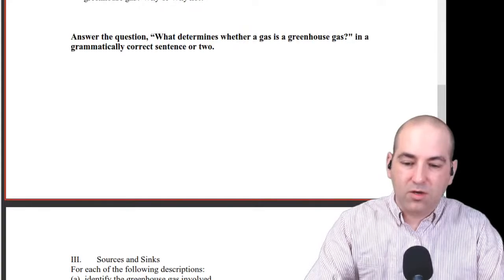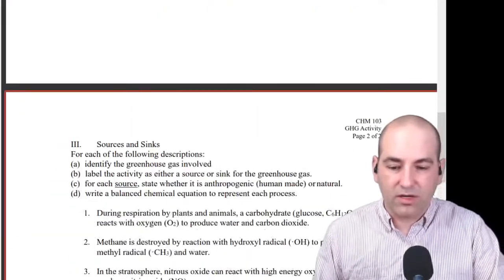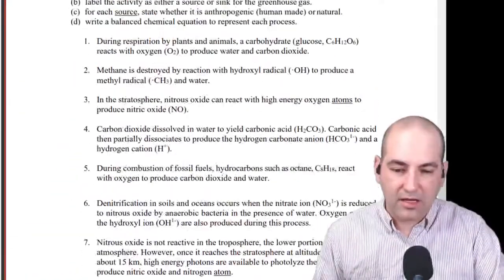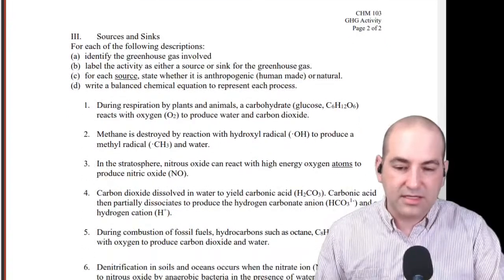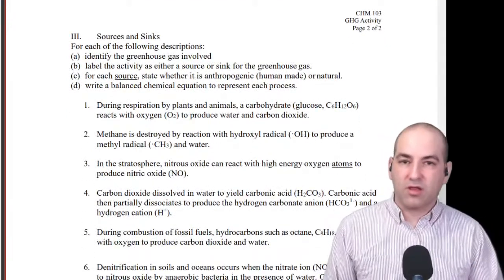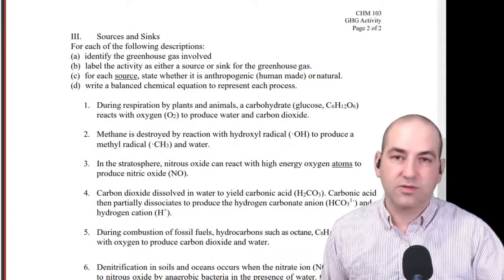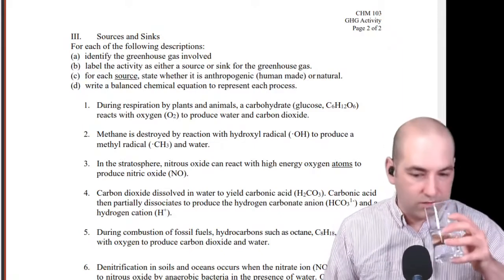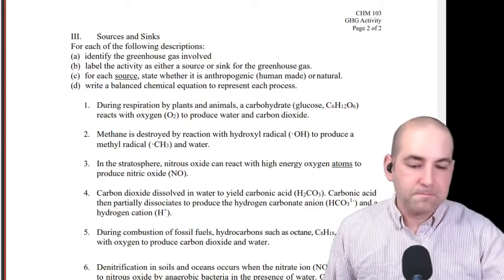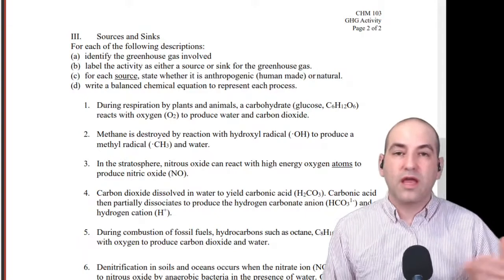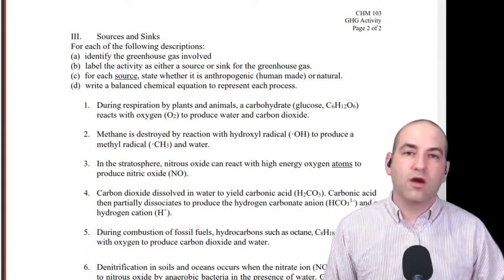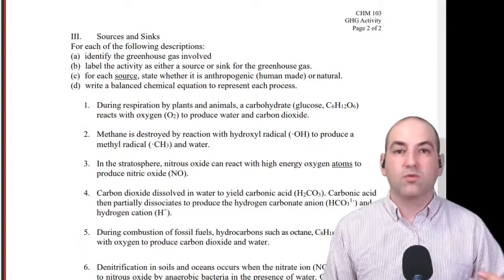Okay. So once you have this idea of what greenhouse gases are, then what we're looking at is sources and sinks. So looking chemically at different chemical processes or reactions that are happening in the world. Are these things creating greenhouse gases, or are they absorbing them? Are they getting rid of them?